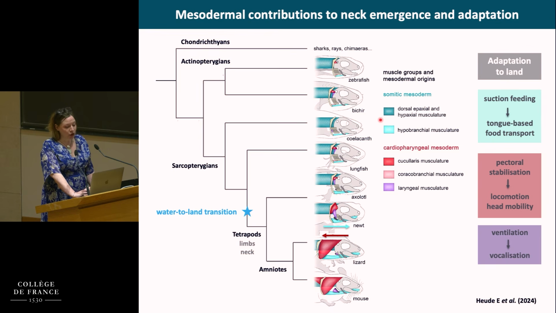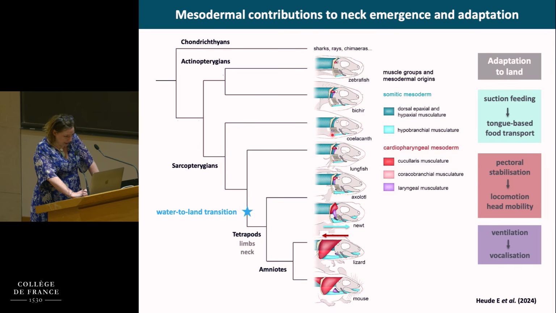So I will not go through the details, but the main results are summarized here with schematic views of the skull, of the pectoral girdle, and associated muscle groups of interest in the different taxa. So the study revealed that all neck muscle groups were already present in fish, but they have been co-opted in tetrapods, acquiring a new function after the water-to-land transition.